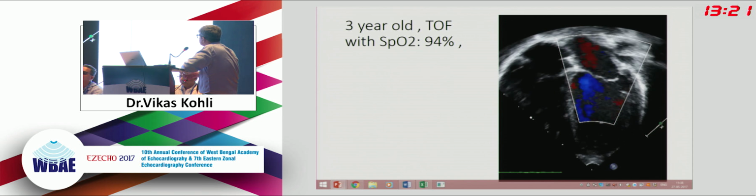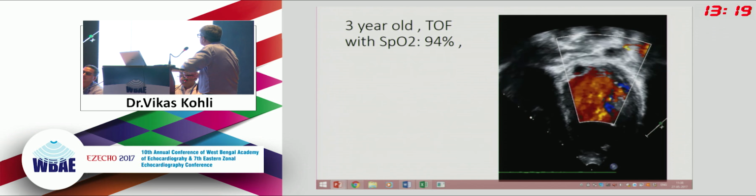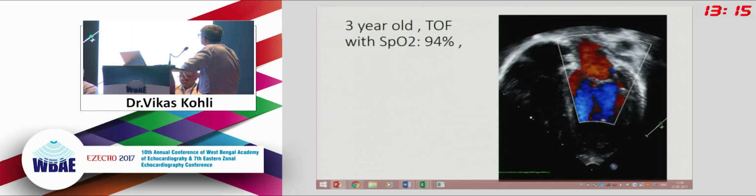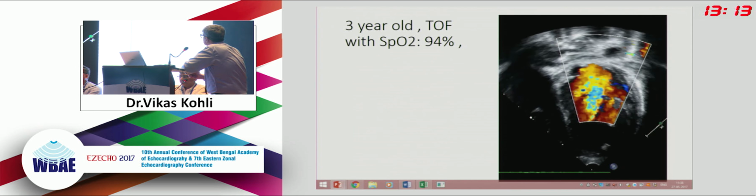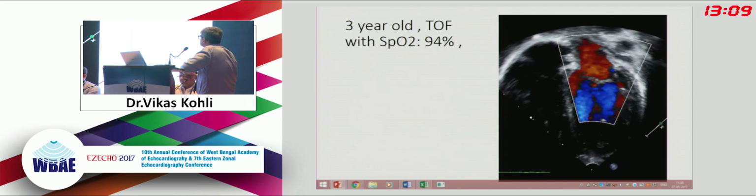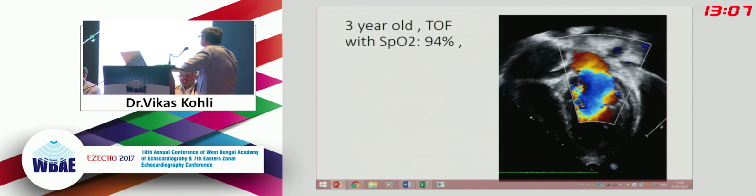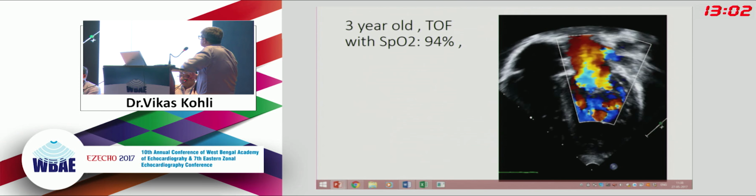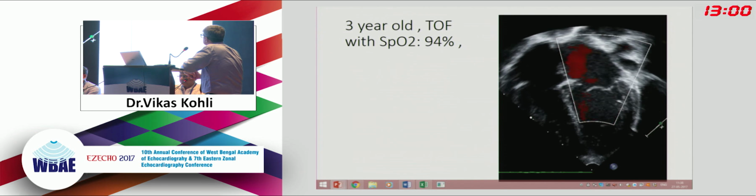The most common one, we may see a 3-year-old child diagnosed as tetralogy but having good saturation, like he is pink, and sometimes we can see in that echo I am showing the LA and LV are relatively more prominent with a little more flow, like overall pulmonary blood flow is more.